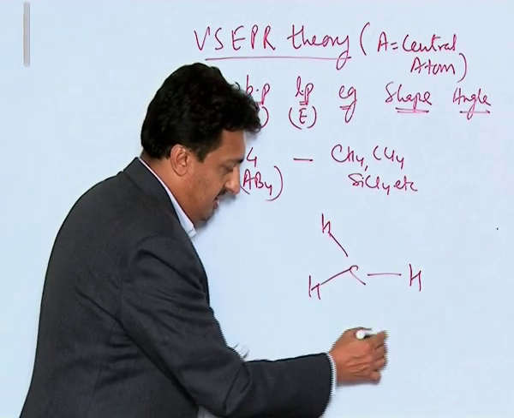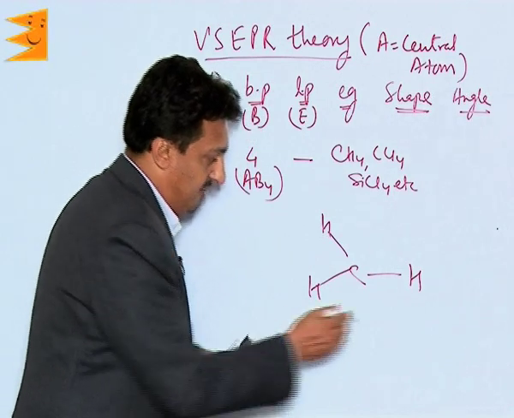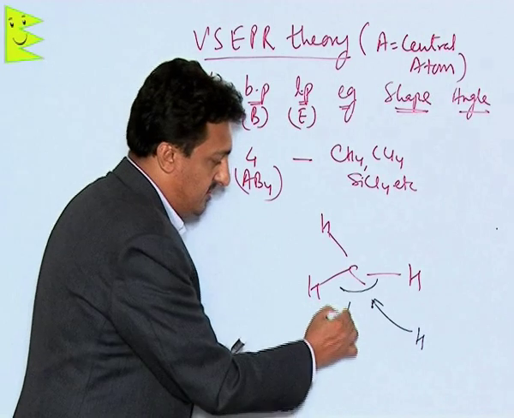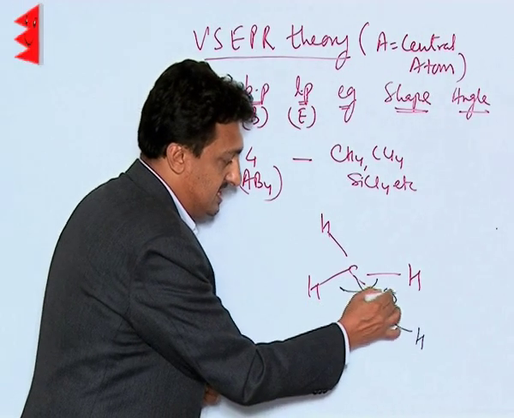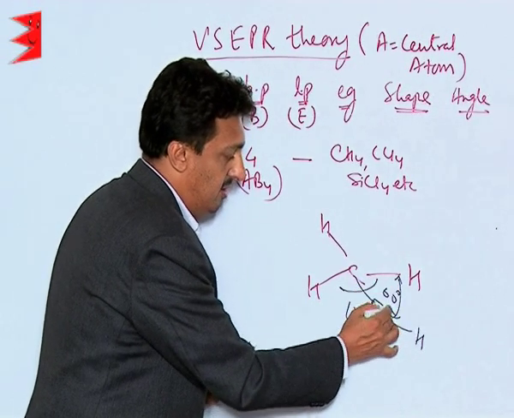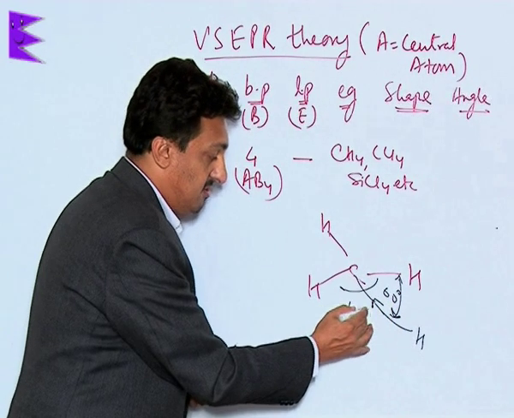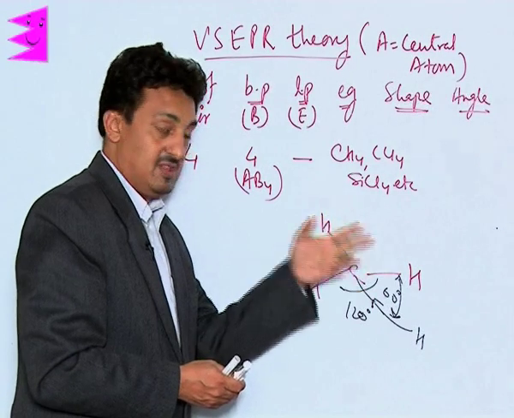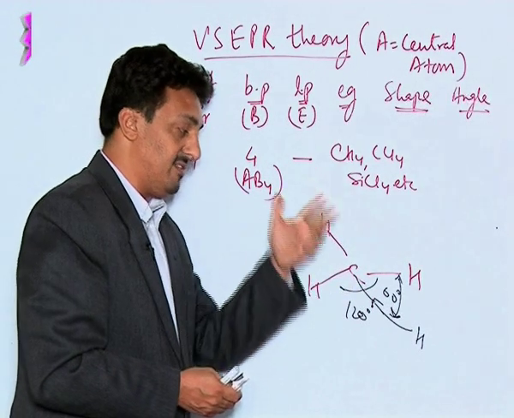If the 4th hydrogen comes from this side, this angle of 120 is divided into 60 degree. Now these will have strong bond pair repulsions. That is why this is not very stable. So what happens is till this molecule is having 3 bonded pairs, it is planar.